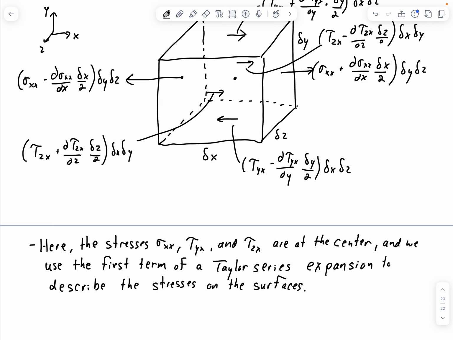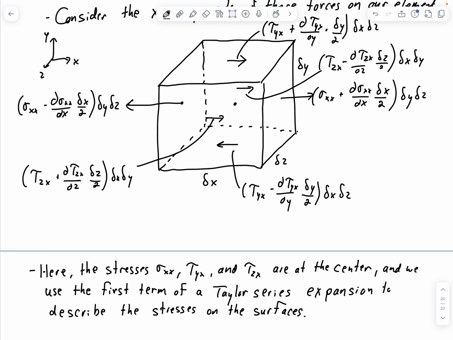And then, of course, we multiply those expressions for stress by the surface area to give us the force. Okay, so we have these 6 different surface forces.